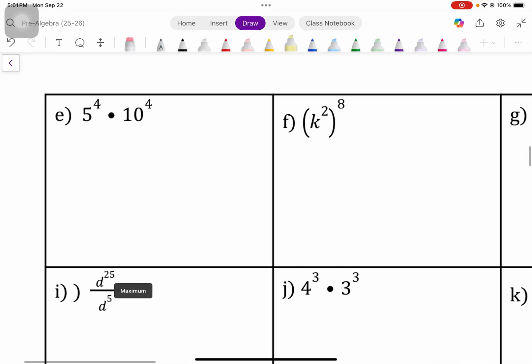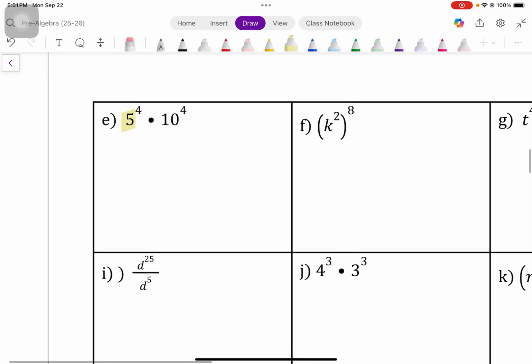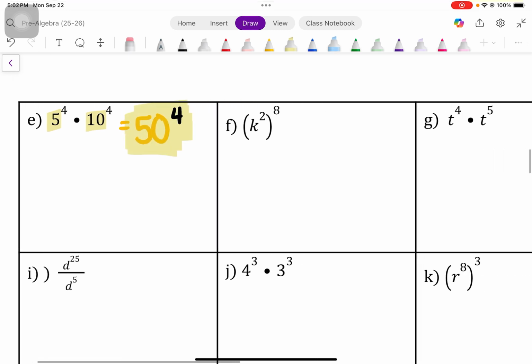Jumping down, we have 5 to the 4th and 10 to the 4th, so the same problem. Different bases, same exponent. So we're going to multiply our bases and get 50 and keep the exponent. We have power of a power, so we have 2 and 8, so we're going to multiply those together.